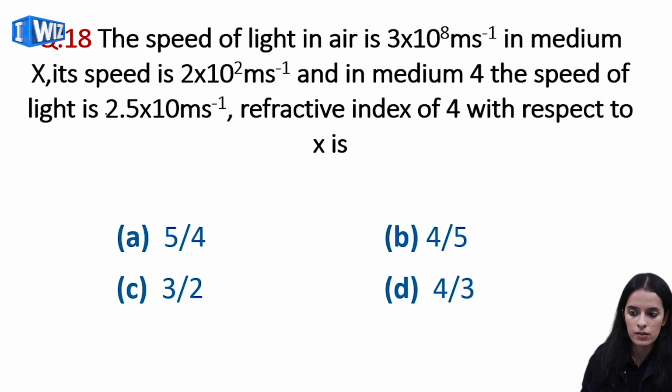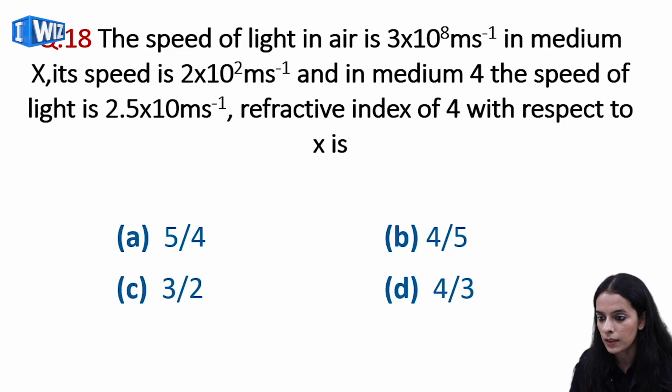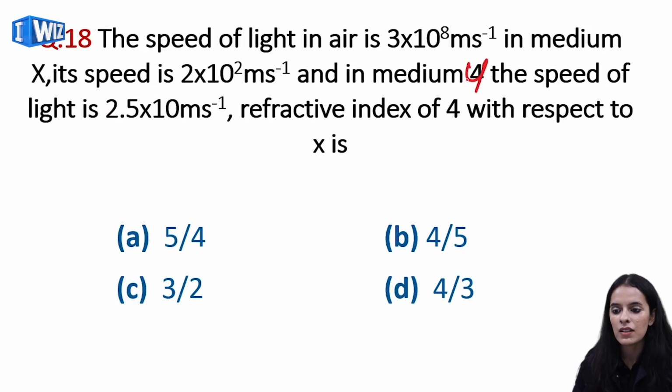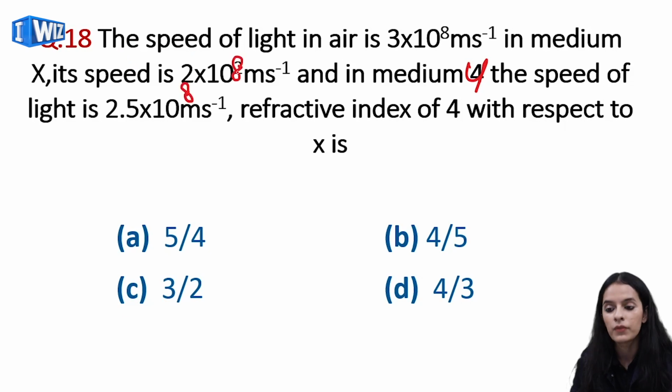In medium x, its speed is 2 into 10 raised to the power 8 meter per second, and in medium y its speed is 2.5 into 10 raised to the power 8. Here 8 should be placed, 8 and 8 here only.